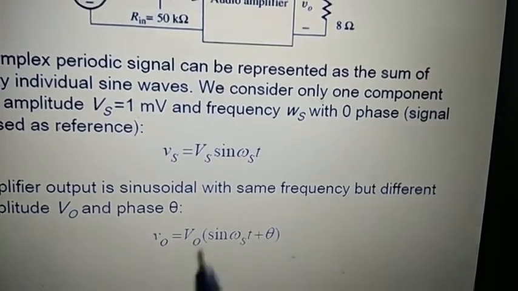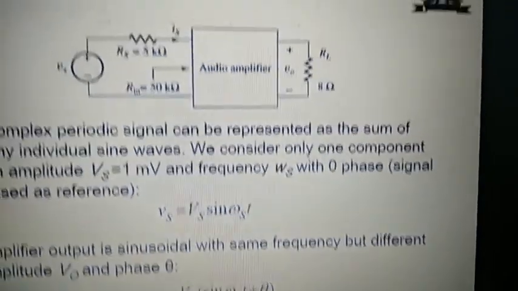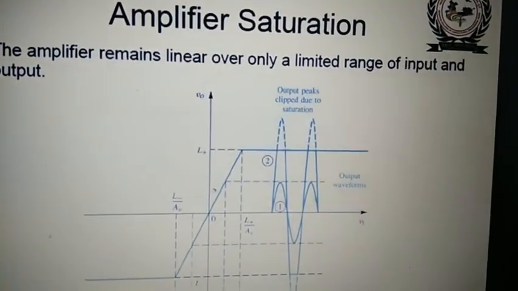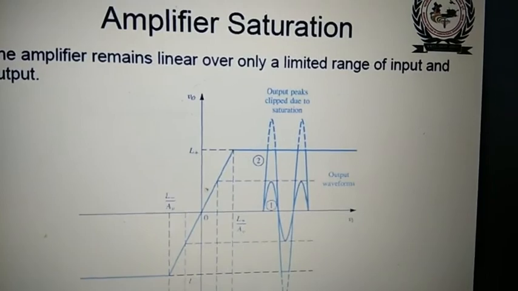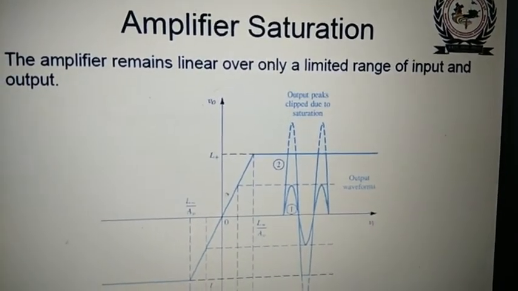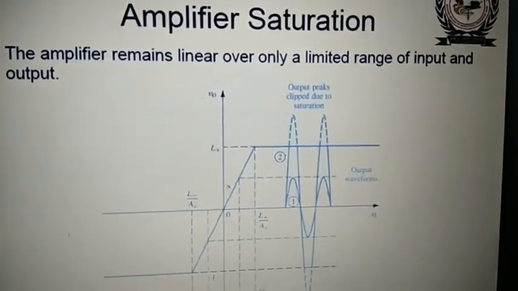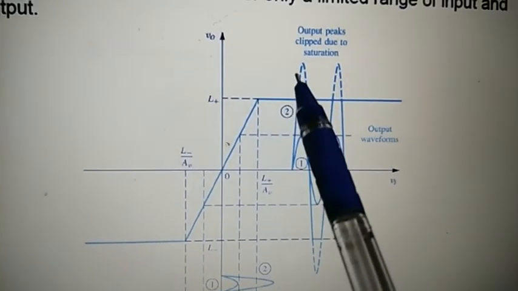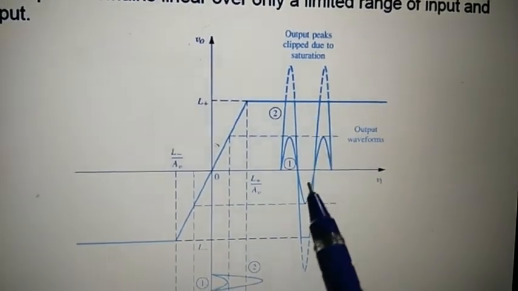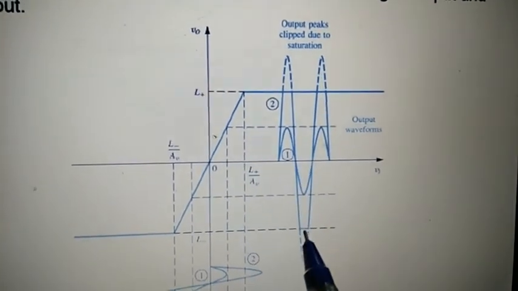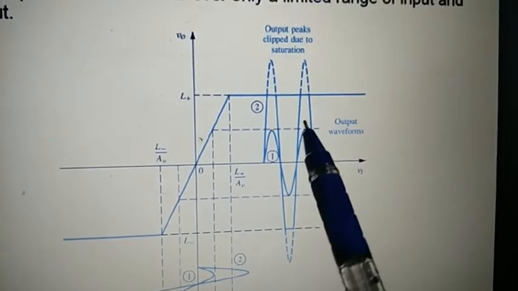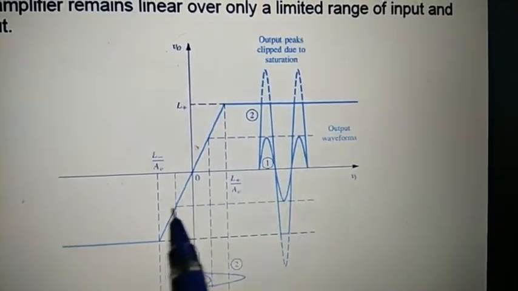Diagrammatically, in the waveform you can see that the amplifier remains linear over only a limited range of input and output. This is the input, this is the output amplified. This is the input negative part, this is the output amplified. Again this is input and this is output amplified. And this shows the linearity.